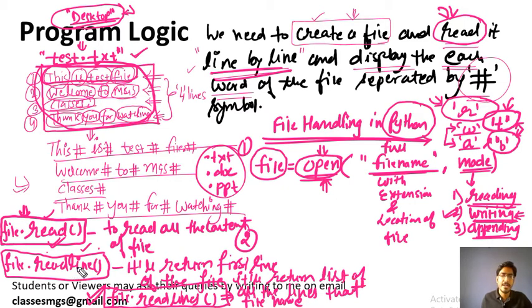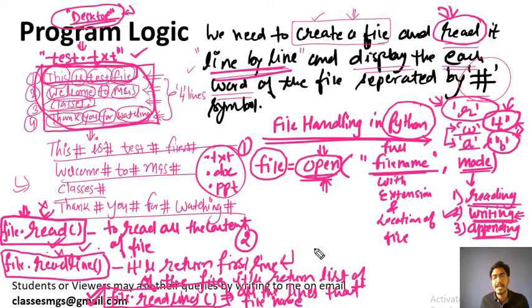We are not going to use read, because it will return the whole content in one go. We won't read it line by line, that's why we are going to use the readlines method. If you use the readline method, it will only return the first line of the file.